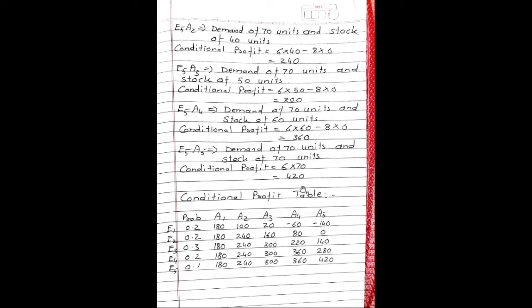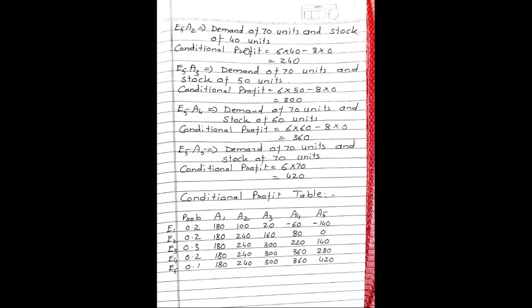So we can write the conditional profit table as E1, E2, E3, E4, E5, with the probabilities we already have calculated, and A1, A2, A3, A4, A5.